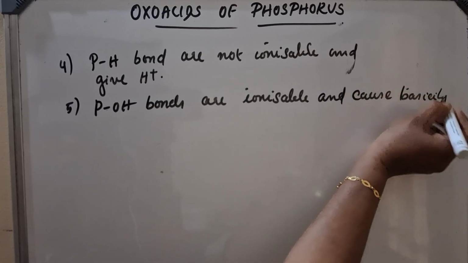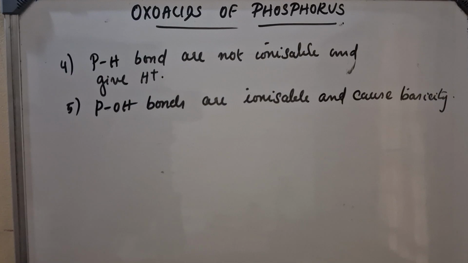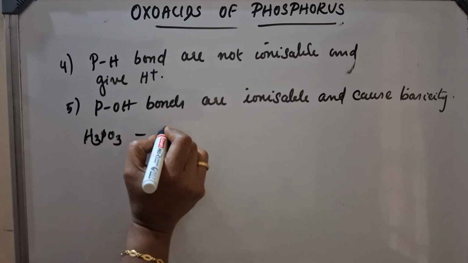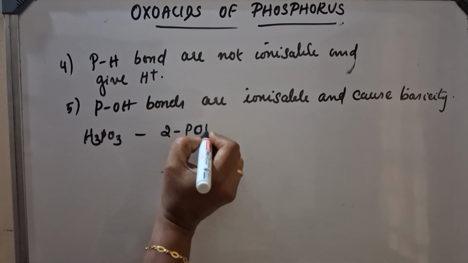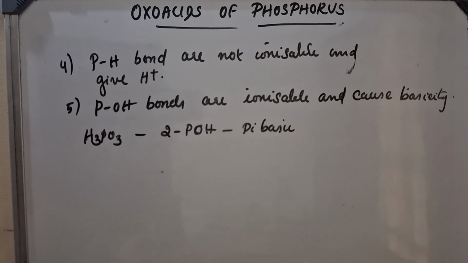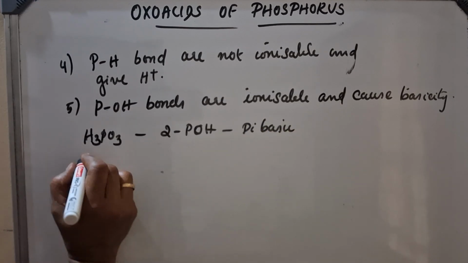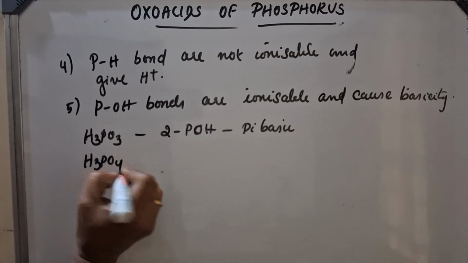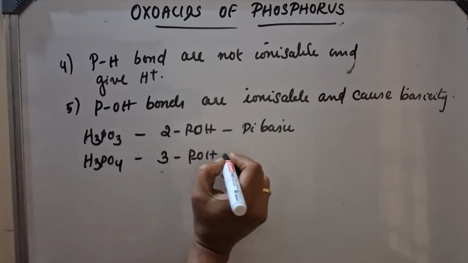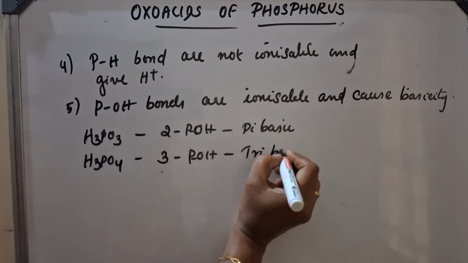So those having a greater number of P-OH bonds will be more basic. For example, H3PO3 contains 2 P-OH, so it is dibasic, and H3PO4 contains 3 P-OH, so it is tribasic, and so on.